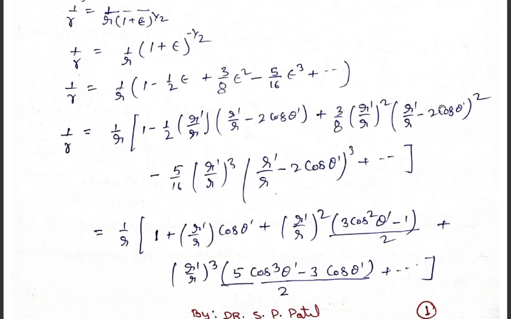So this is 2, this will be 4, so 3 by 4, or this cos square theta value will be there. If you do the separation, this (r prime upon r) square here and (r prime upon r) square here, and this is cos square theta, so this will be minus 1. So what we will get here is 3 cos square theta. So this is (r prime upon r) whole square multiplied by, sorry, in bracket (r prime upon r) whole square into (3 cos square theta prime minus 1) divided by 2.